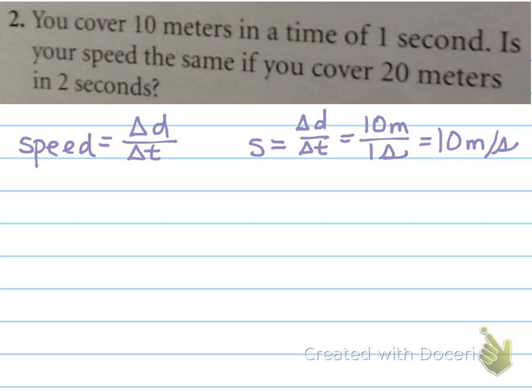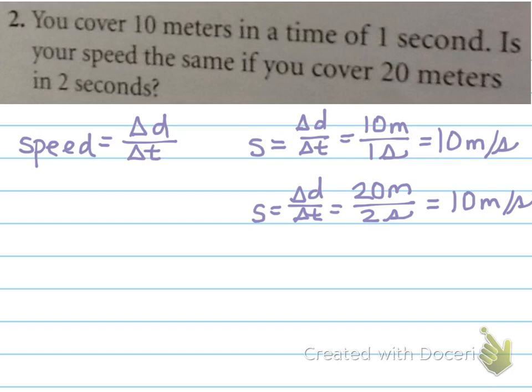The second one, speed is, again, change in distance over change in time. If you cover 20 meters in 2 seconds, 20 divided by 2 is 10 meters per second. So, is our speed the same? Yes. Our speed is the same. We went twice as far in the second example, but we also took twice as much time.